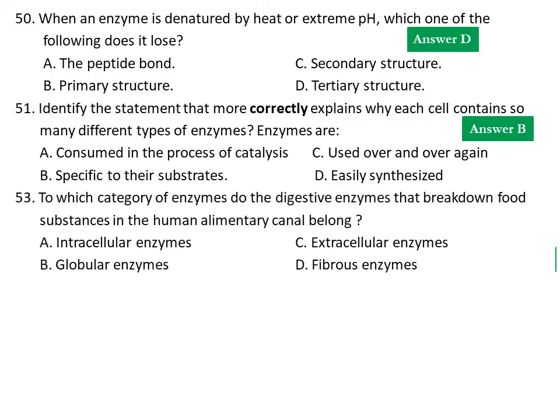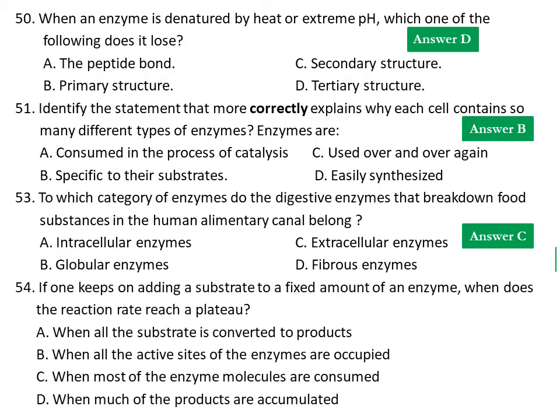Question number 53. To which category of enzyme do digestive enzymes that break down food substances in the human alimentary canal belong? A. Intracellular enzyme. B. Globular enzyme. C. Extracellular enzyme. D. Fibrous enzyme. So the answer should be C. Extracellular enzyme. Means they digest the food outside of the cell. Question number 54.